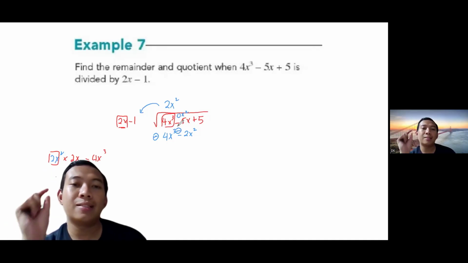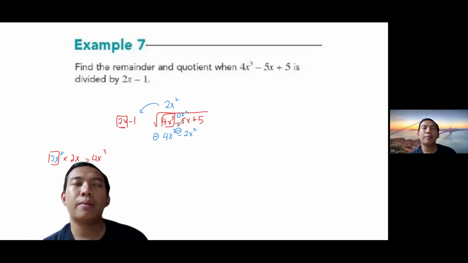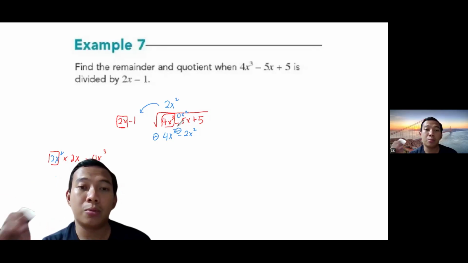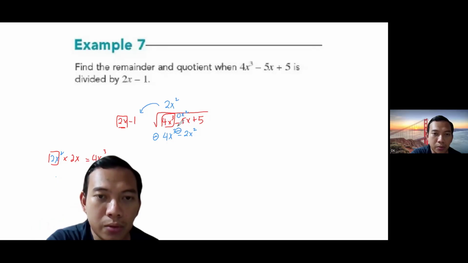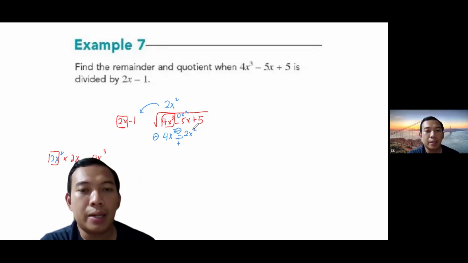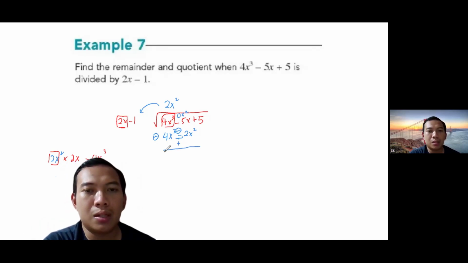So 0x squared with the automatic minus, and the one that we have gotten, 2x squared minus 1, is minus 2x squared. So when minus and minus, it becomes plus. So 0x squared plus 2x squared is as good as 2x squared.